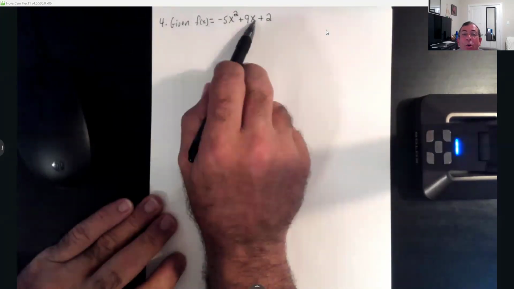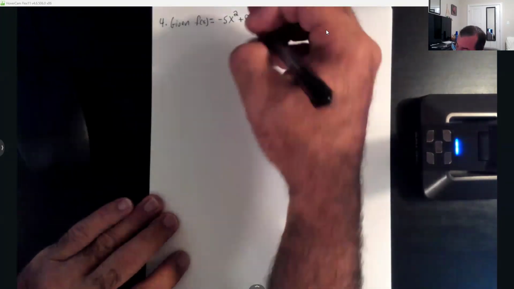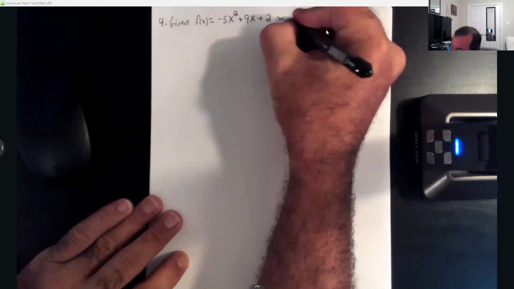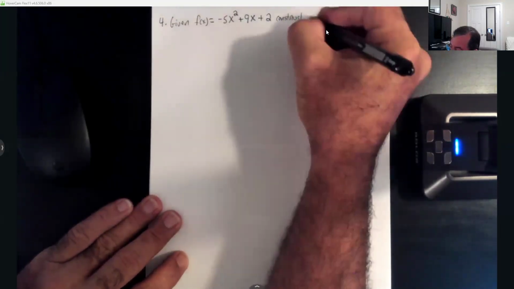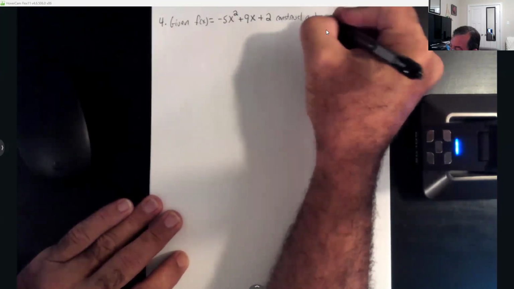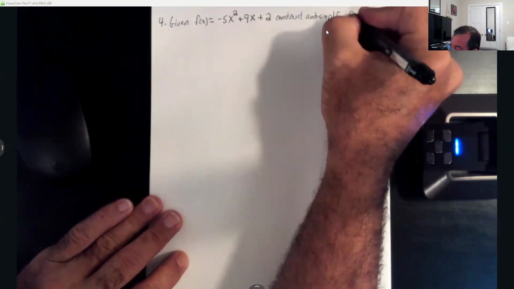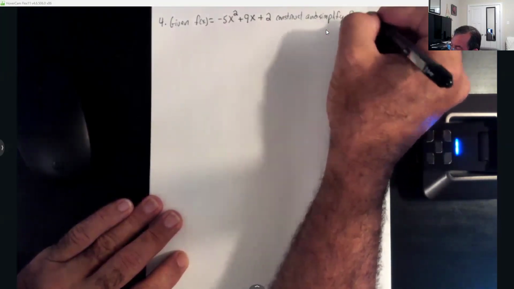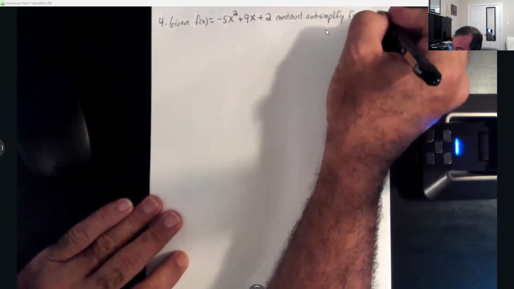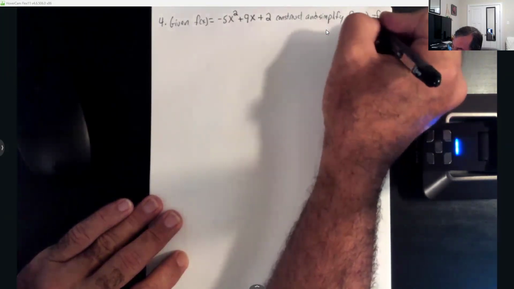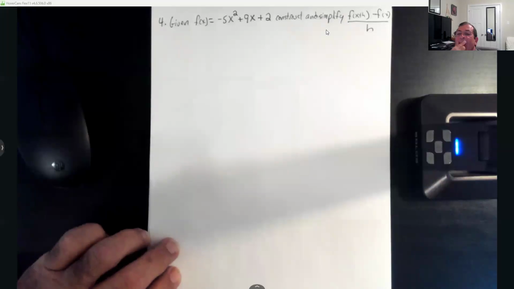So y'all, I got 2 x's on this one. So then we'll construct and simplify. f of x plus h minus f of x all over your h, okay?